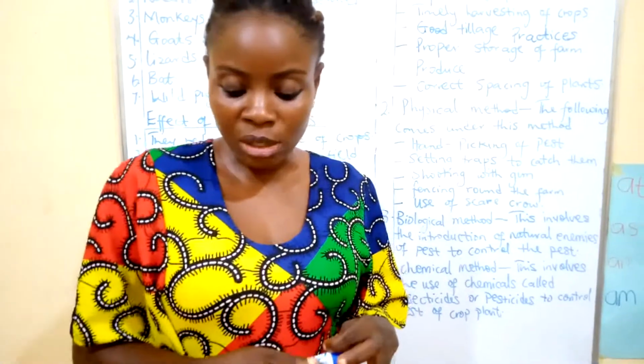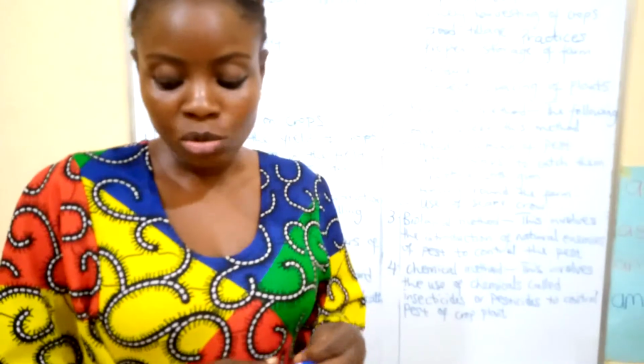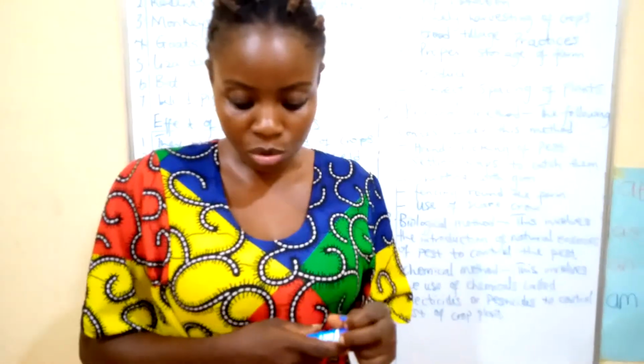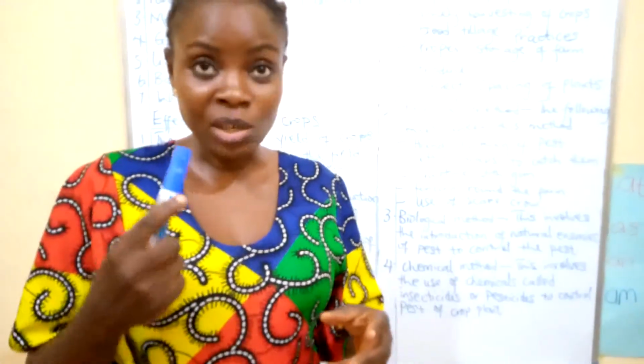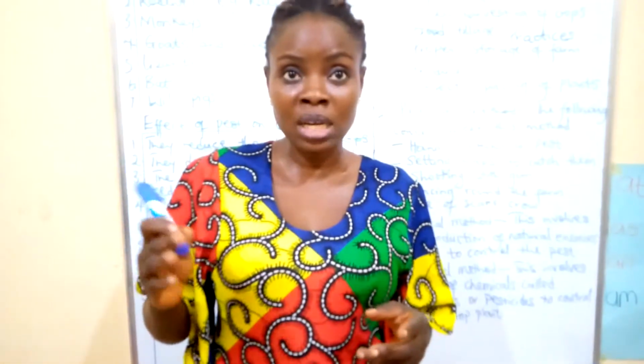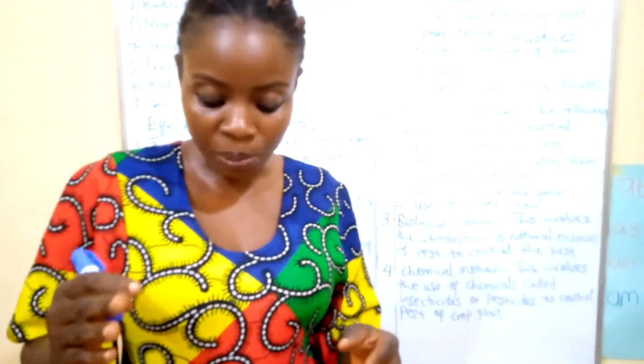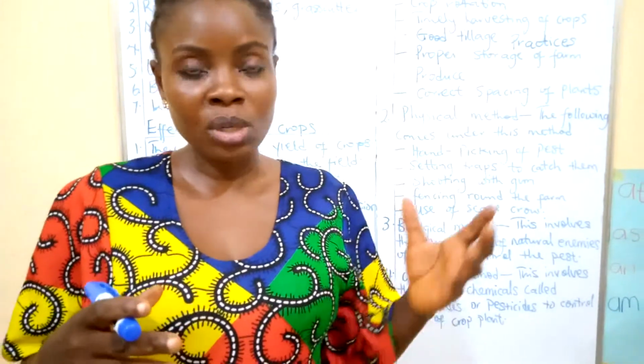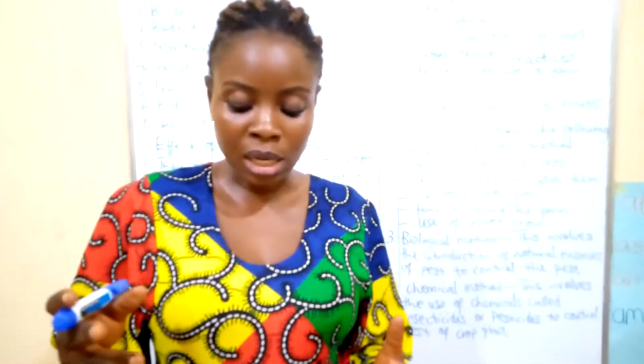Now we went further to classify crop pests into two categories: the insect pests and the non-insect pests. The non-insect pests are the vertebrates. Insect pests, we can go further to classify into their mode of feeding and their location.